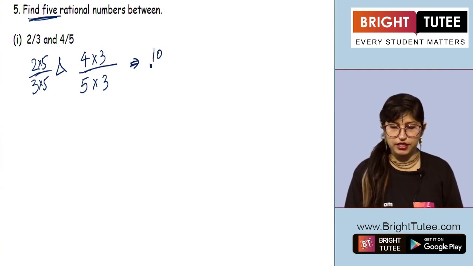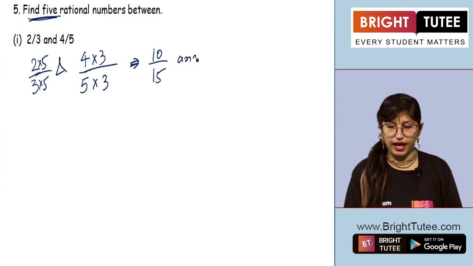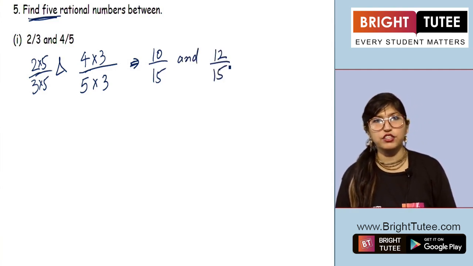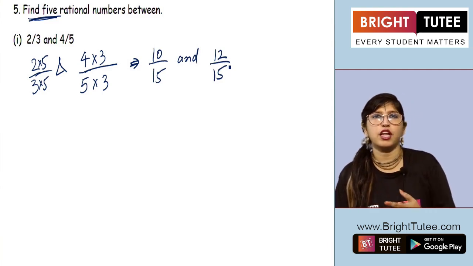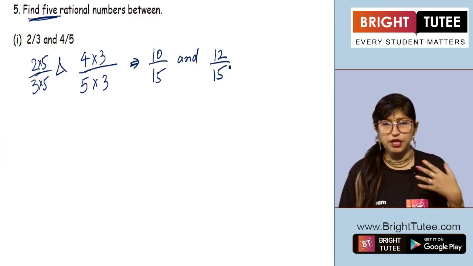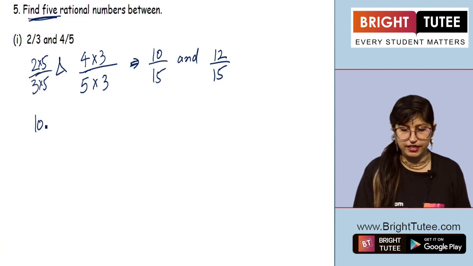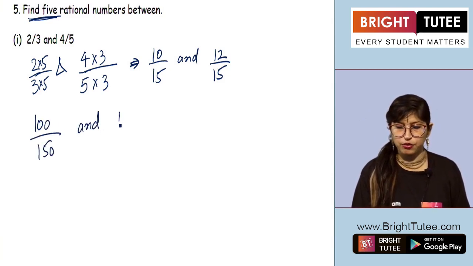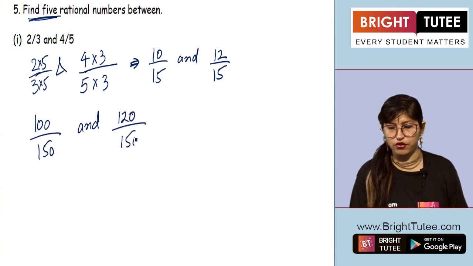So we'll be getting 10 upon 15 and 12 upon 15. Now we need to find 5 rational numbers. So without even counting how many rational numbers are there in between, we'll simply multiply by 10. So we'll be getting 100 upon 150 and 120 upon 150.